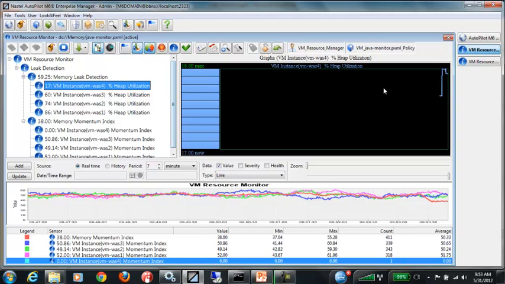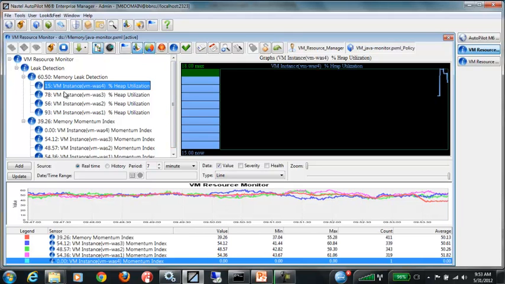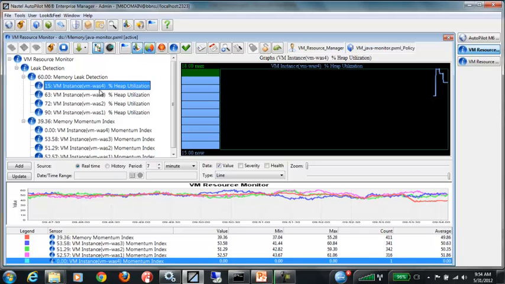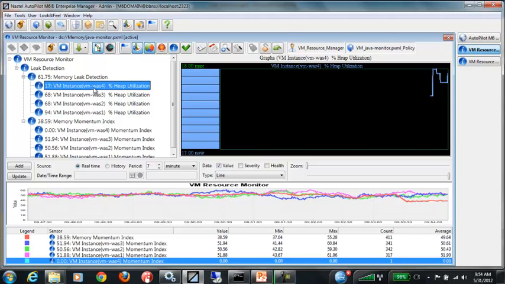We're going to see up and down movements in the memory. The job of this policy, and I'll show you an example of the wizard and how it's set up, is to detect that JVM 4, and the way it's consuming memory, is misbehaving, or is a resource hog.